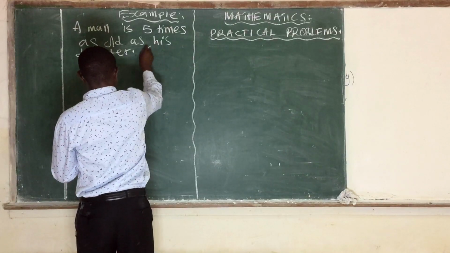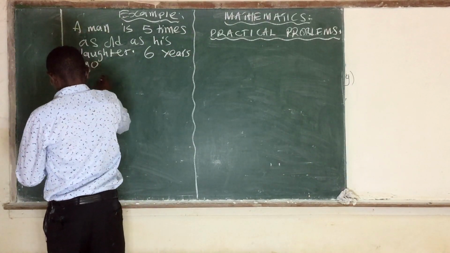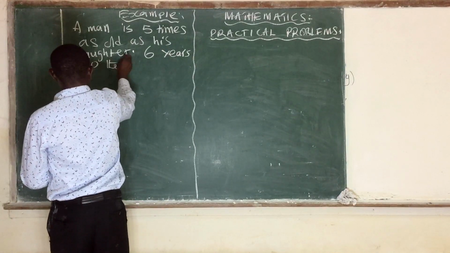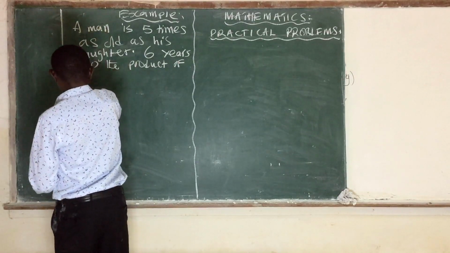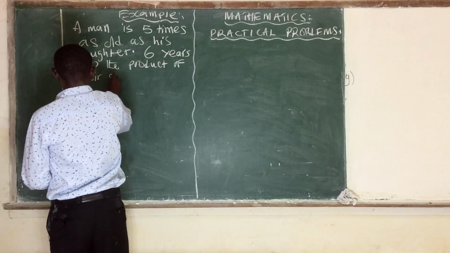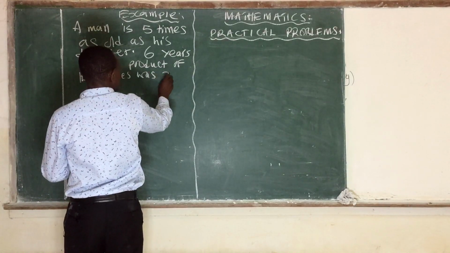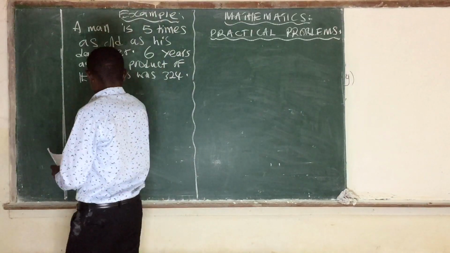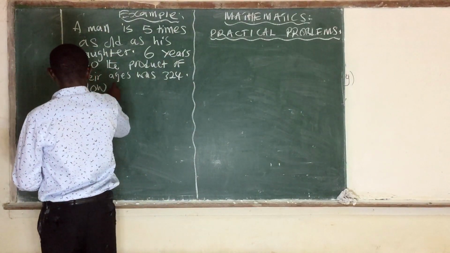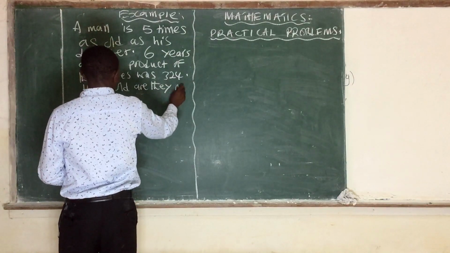We are now told that 6 years ago, the product of their ages was 324. Now the question is, how old are they now?